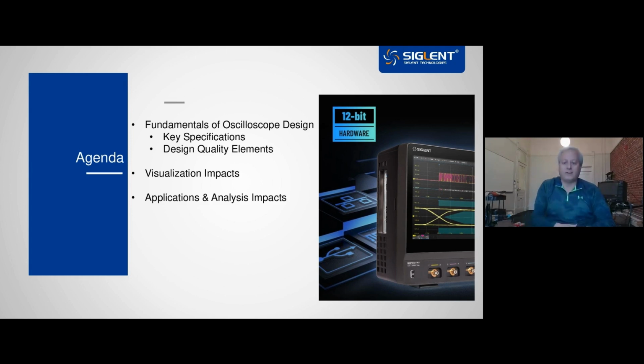We'll touch on analysis impacts as well, more about data, statistics, and measurements than visual debugging. And we'll conclude today with how all these elements work together in key applications, looking at a series of use cases that benefit from all the careful design work that brings signal fidelity to life in these newest high-performance oscilloscopes.